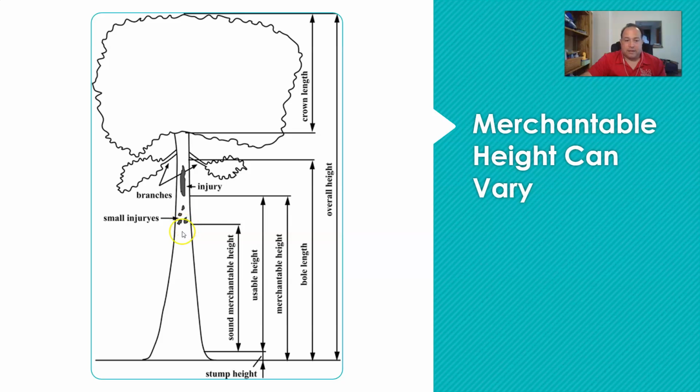Or because of this injury, are we just going to say it's from here to here? Maybe we want to go all the way to where the main part of the crown is. So maybe the usable portion of the stem is from here to here. It really depends on what we're going off of. Are we just saying take it to the live crown? Are we saying take it to an 8-inch top, 6-inch top? It can vary quite a bit.